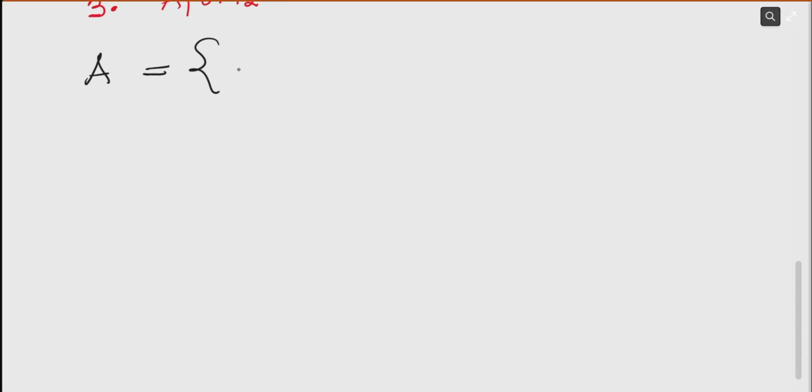Assuming my set A is equal to {a, b, c}, and I want to partition this set, I would write a certain number of non-empty subsets of A, and these subsets must not overlap. It means they shouldn't intersect.